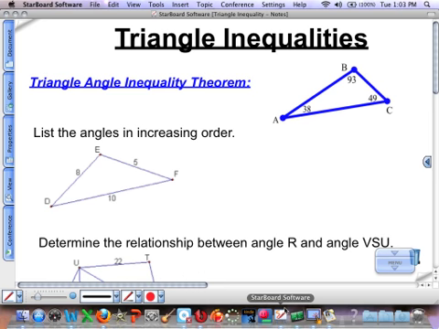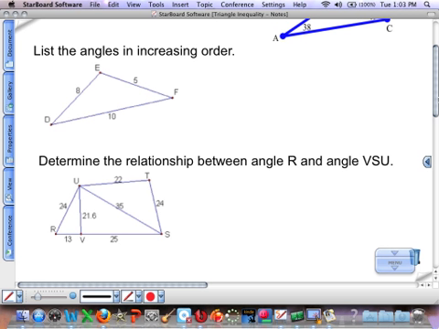So we look at our example. We have triangle DEF. And I'm asking you to then list the angles in increasing order from least to greatest. So Matt, where is my smallest angle? If we're looking at triangle DEF, where would you find my smallest angle?